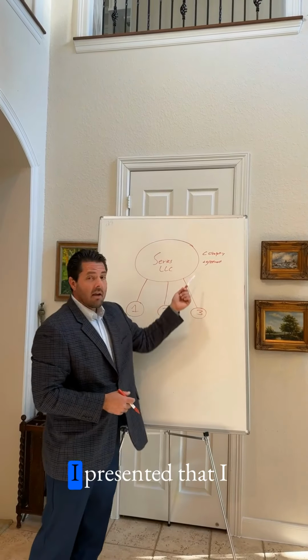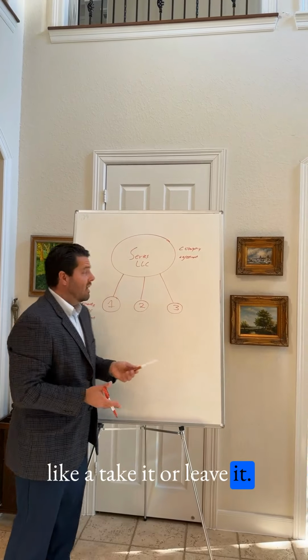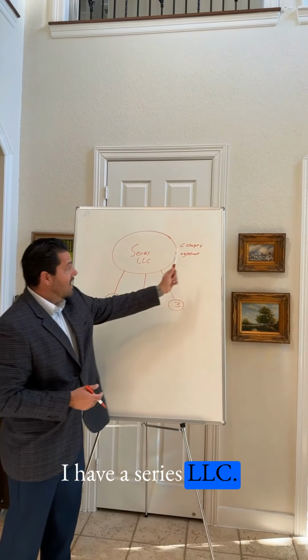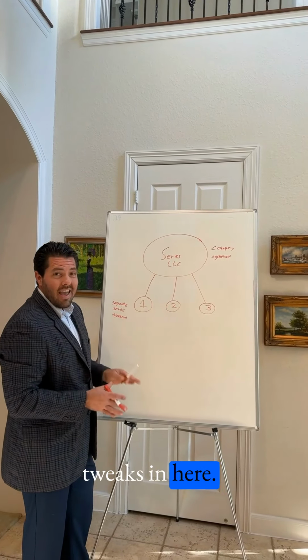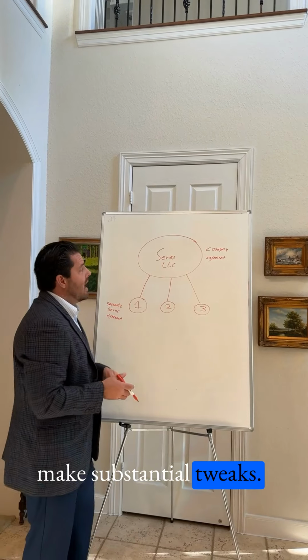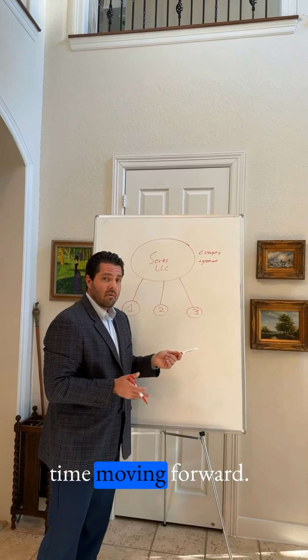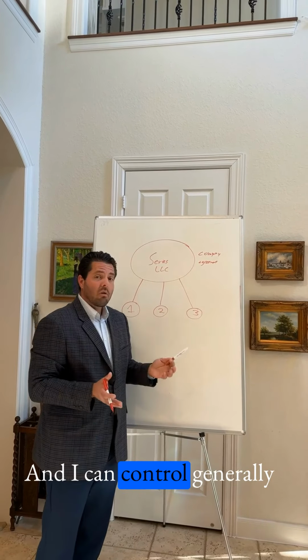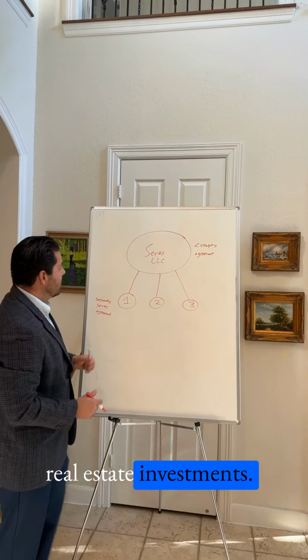For this one, I typically present it like a take it or leave it. I have a Series LLC. Here's the governing document. We can make any tweaks in here. And then I'll make tweaks, but I don't really make substantial tweaks. And that way I can make sure that I save on legal costs every time moving forward. And I can control generally the framework of my real estate investment.